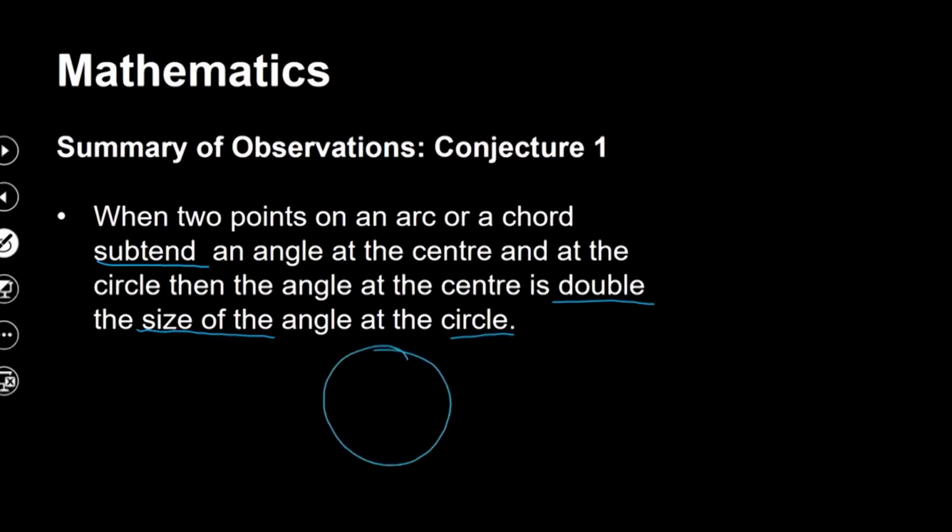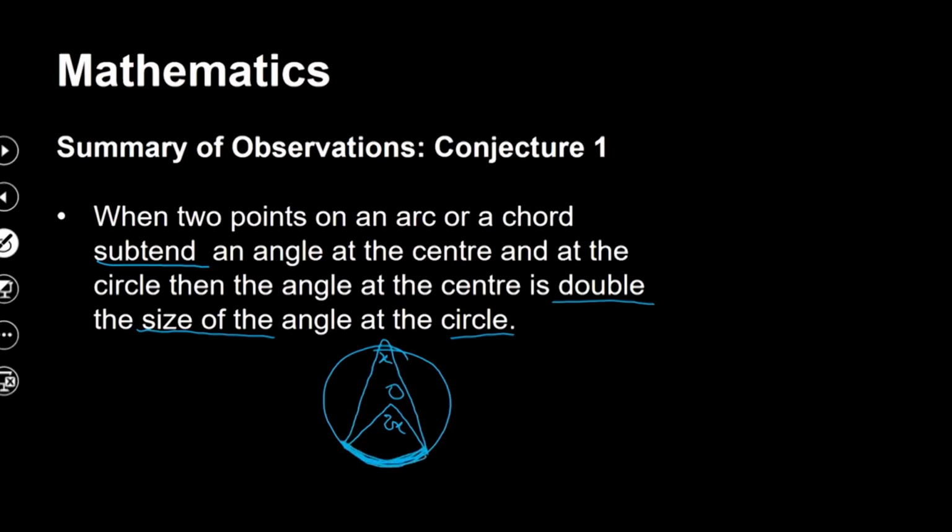It means if I have a picture like this, this must be my O, which is the center, and I have that there. Let me just draw that properly. So I have something like this. This angle here will be 2x, and that angle there will be x, provided that they are subtended by the same arc, which is this part down there.